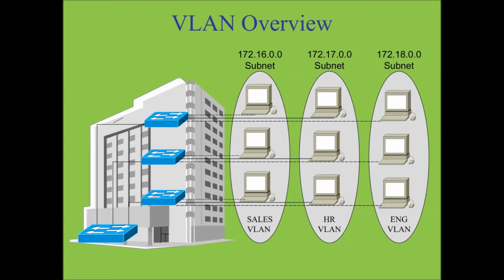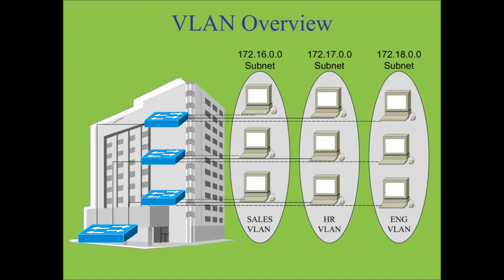VLAN overview. In this diagram, you can easily see there are three subnets. On the left side is a large network, which is a local area network of an organization, and you can see different switches implemented in the local area network. So this is basically a single LAN.